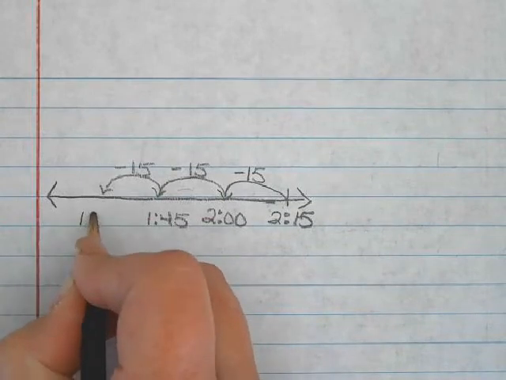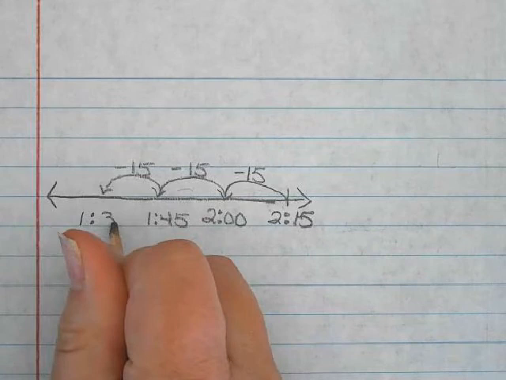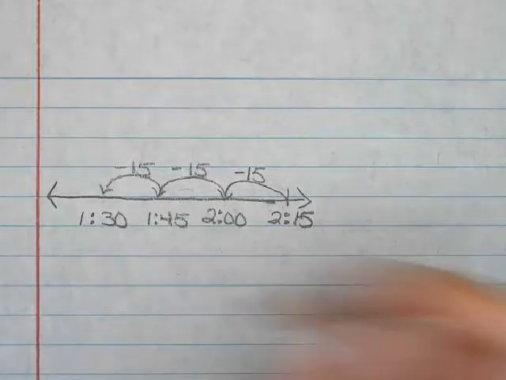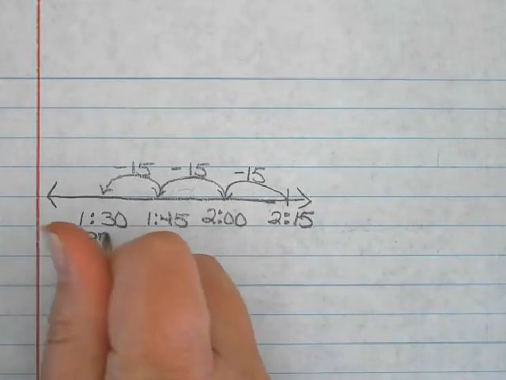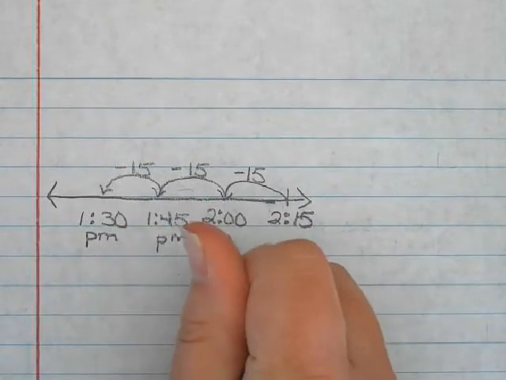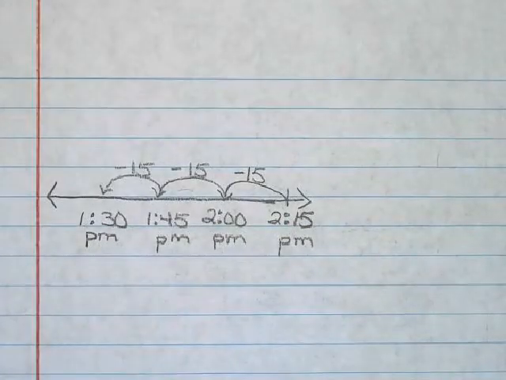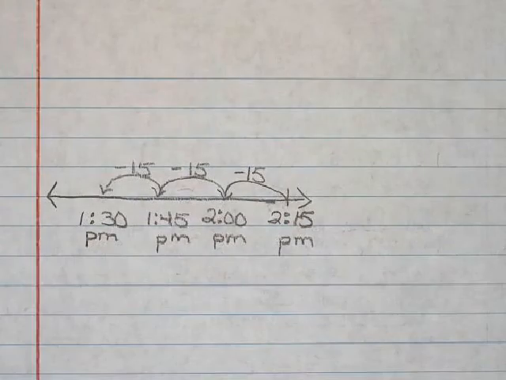Subtract another 15 minutes from 1:45, and we would have 1:30. Assuming these are all PM, since people are not usually catching the bus in mid-morning, Blair arrived at the bus stop at 1:30.